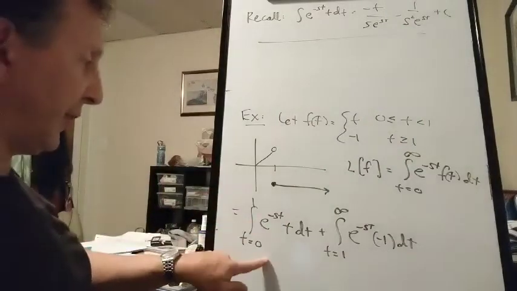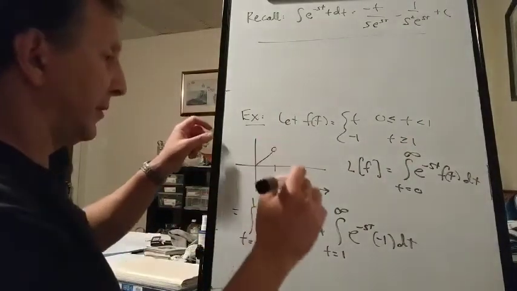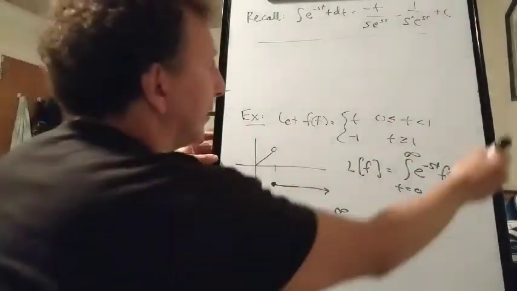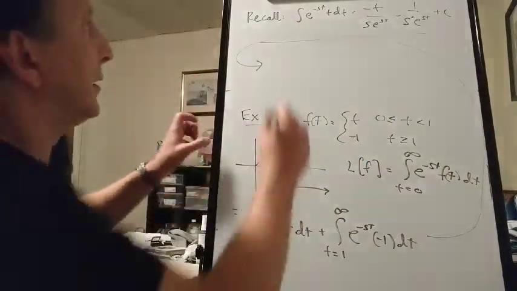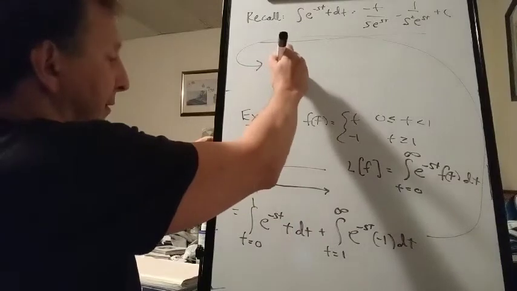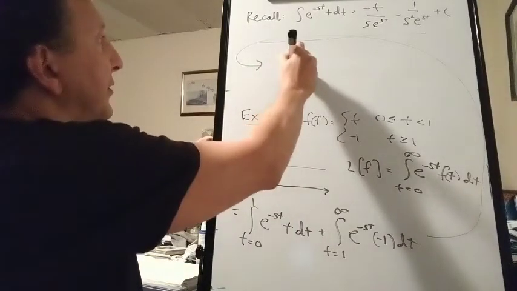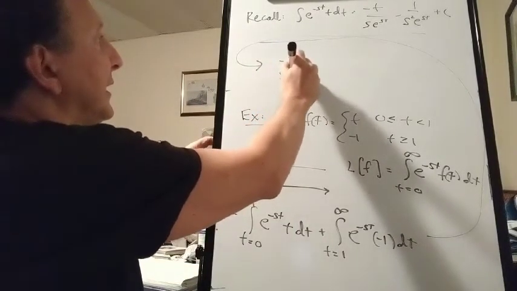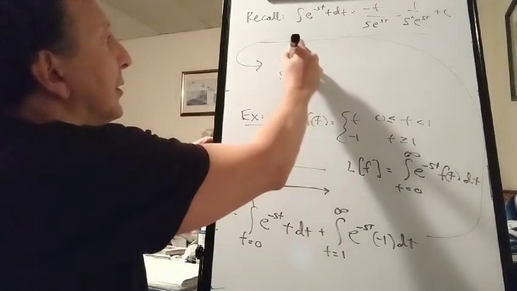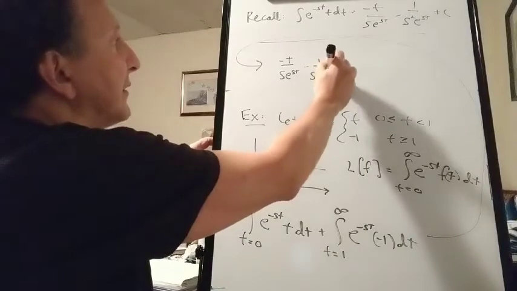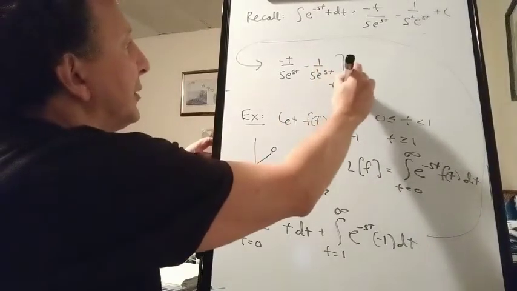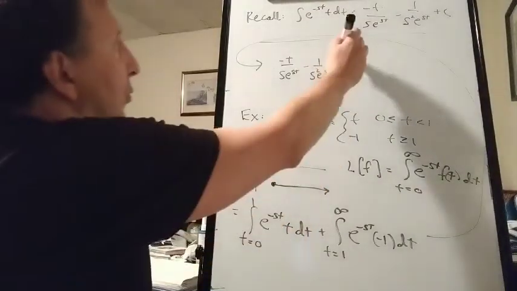So that means that this first integral is equal to negative t over s e to the negative st minus 1 over s squared e to the negative st, evaluated from 0 to 1.